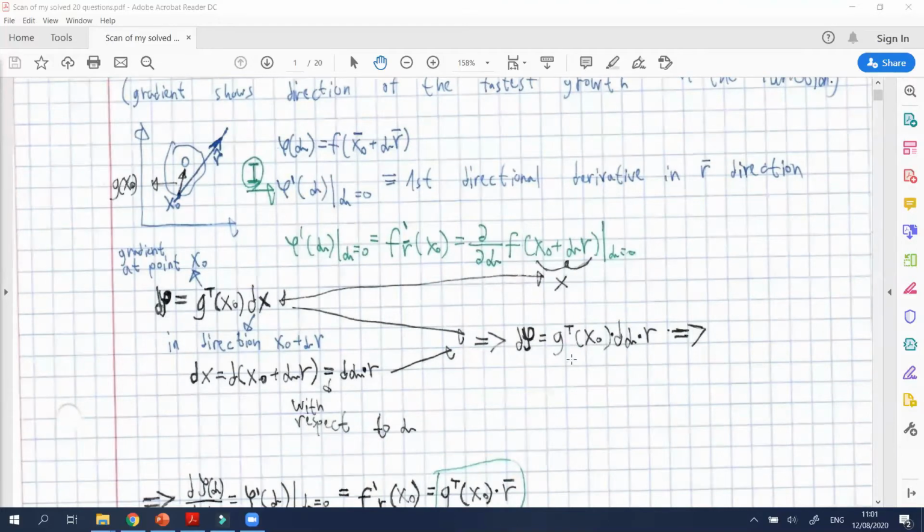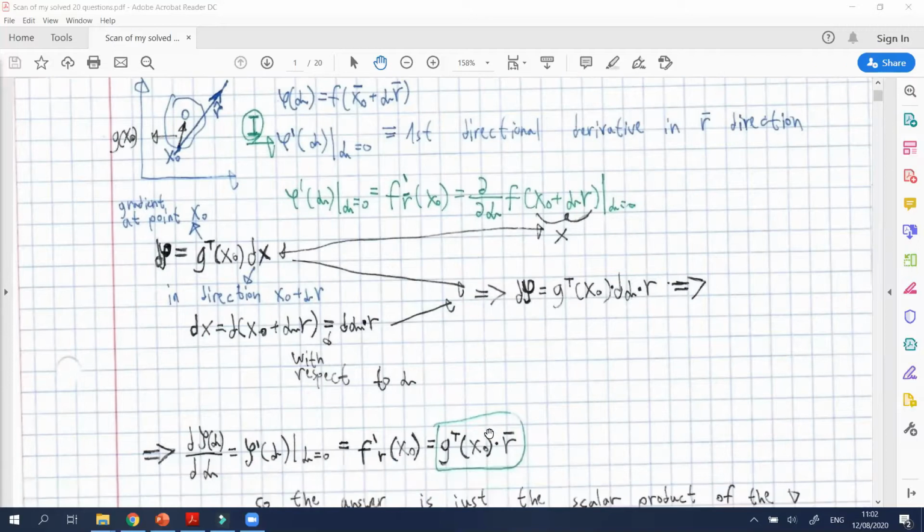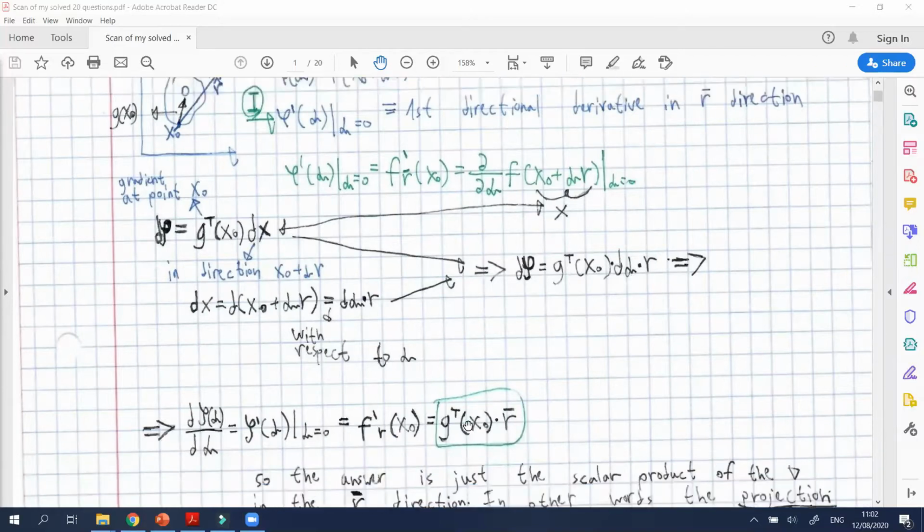So the differential of phi would be the gradient transpose at point x0 times r times d alpha. So the actual derivative, by definition, would be just gradient transpose at x0 times vector r. In more basic math, this is actually the gradient projected on direction r.